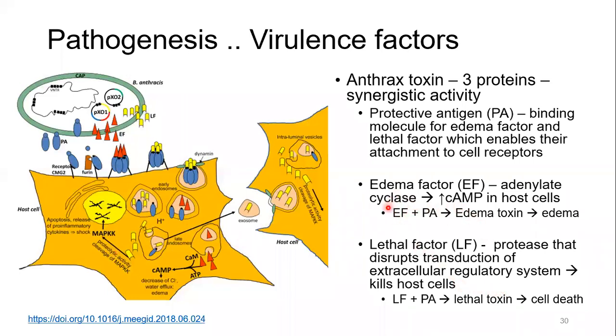So when you have the factor combined with the protective antigen, we have the edema toxin, which causes edema, and the lethal factor basically causing cell death. So the names of the factors would remind you of what they cause downstream.